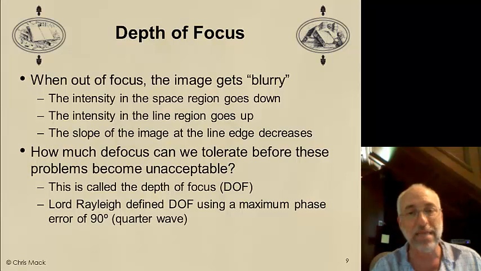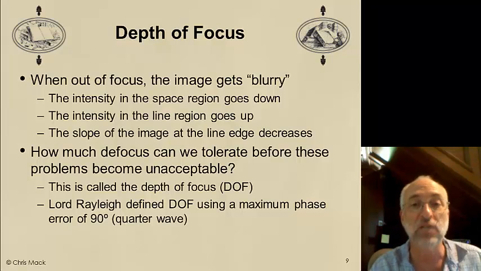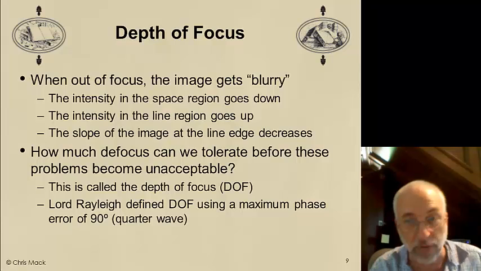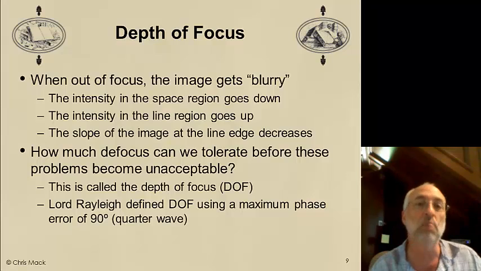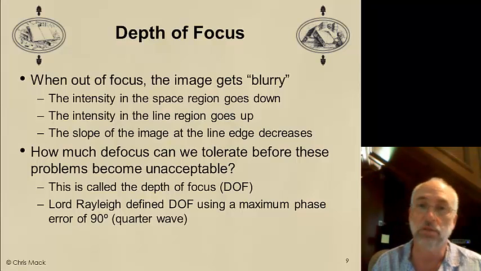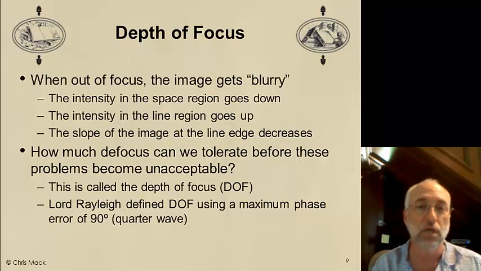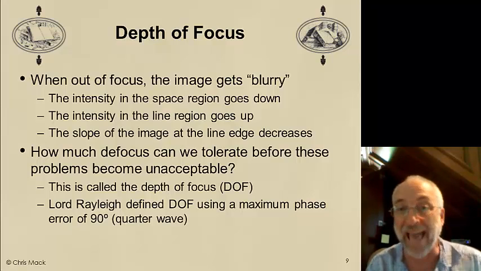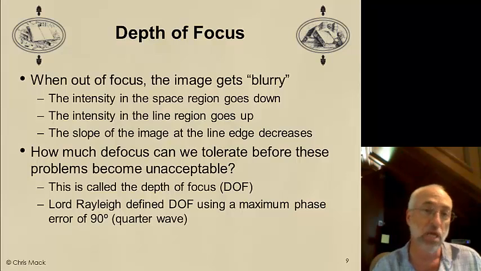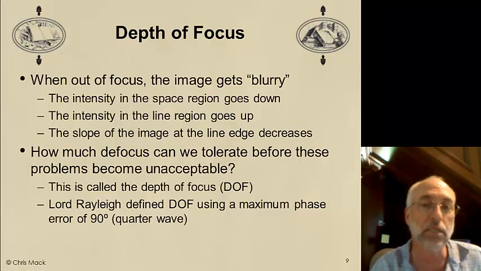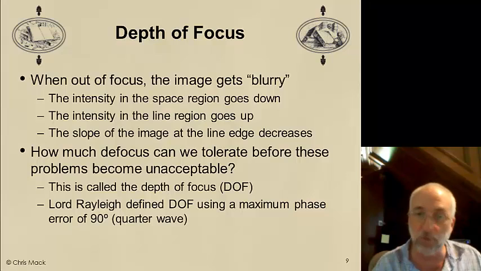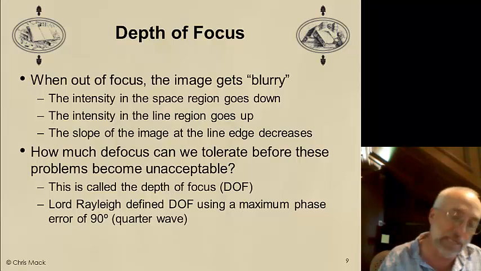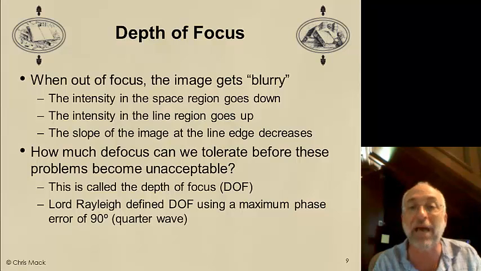We define the depth of focus as the amount of defocus we can tolerate before these problems become unacceptable. There's enough blurriness, enough loss of slope at the line edge that we can no longer adequately differentiate between what is a line and what is a space. The range of focus we can tolerate is called the depth of focus, and it's the full range from both plus to minus, because the middle of that range is where I'm at best focus.